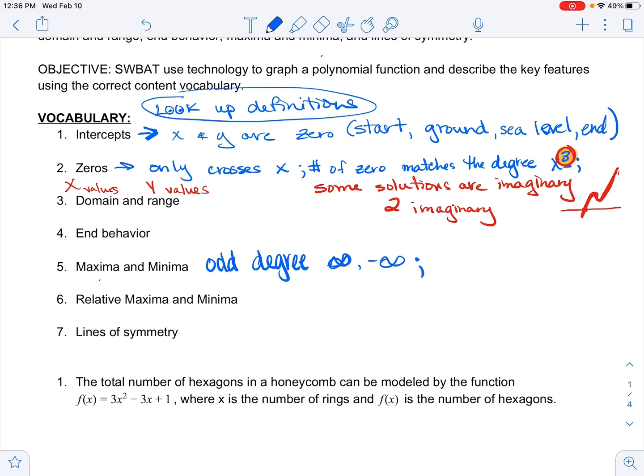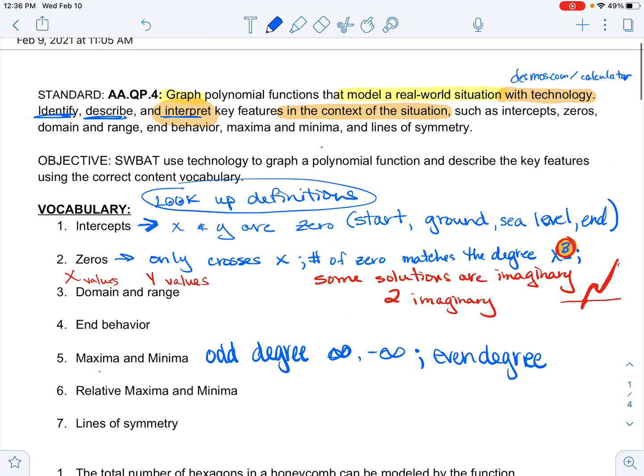If it's an even degree, there will be a minimum or a maximum. So you could simply say, because this has an odd degree, I know it's going to go to infinity. And that would be an absolutely true statement. And in fact, in the context of the situation, that would totally make sense.